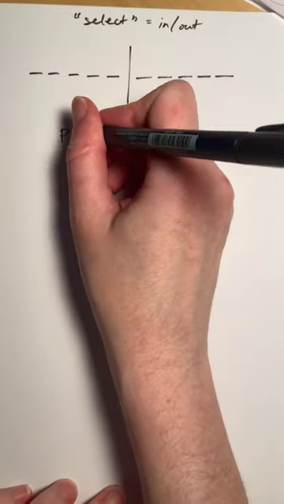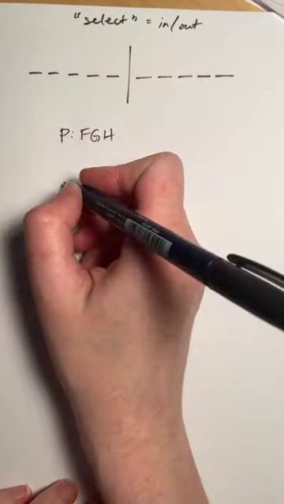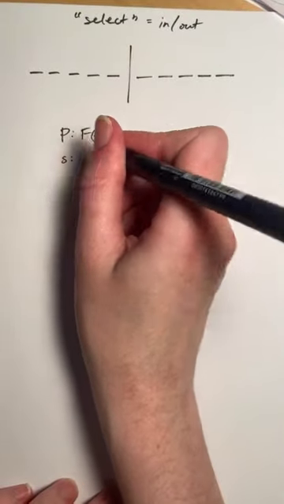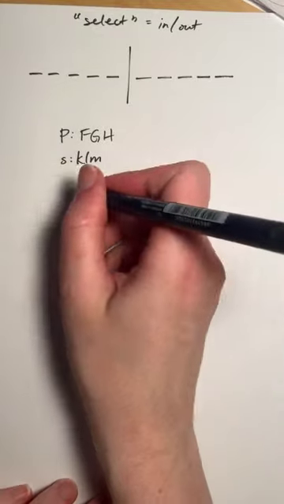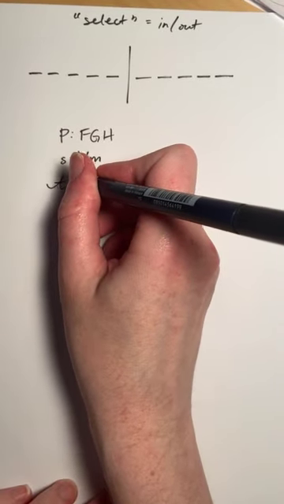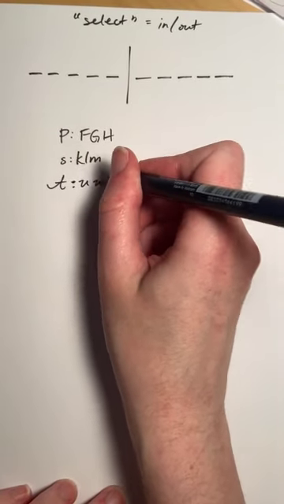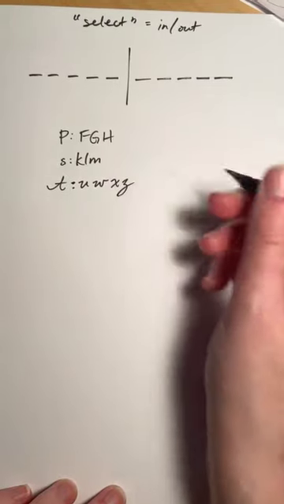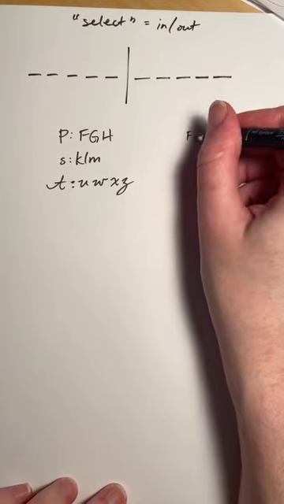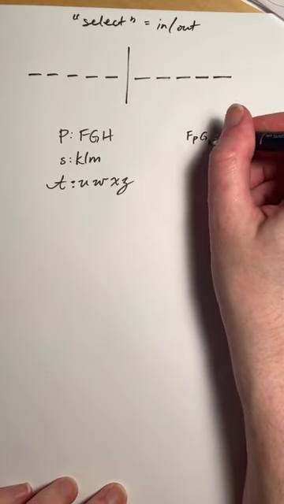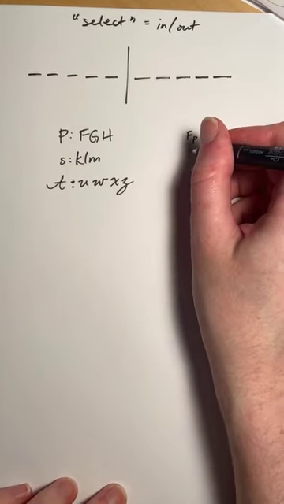We have parents, F, G, and H. I'm going to do lowercase for the students to differentiate them visually. And then for the teachers, I'll do cursive. Okay. You can also certainly use a subscript, right? So you could do F, P subscript. Okay.